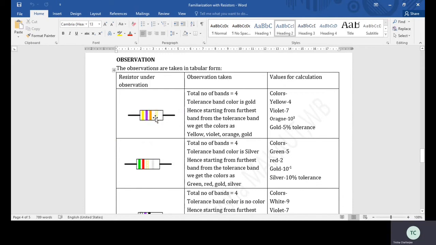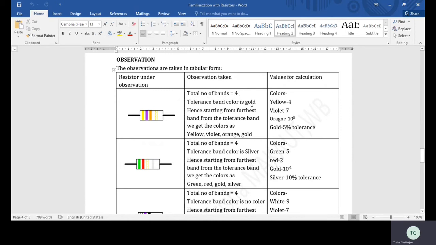This is a golden band, because I have taken these registers from the VLab, and they have denoted the golden color with this symbol. Okay, so that's why it is looking like this. This is yellow, this is violet, this is orange, and this is golden. So the total number of bands is 4.